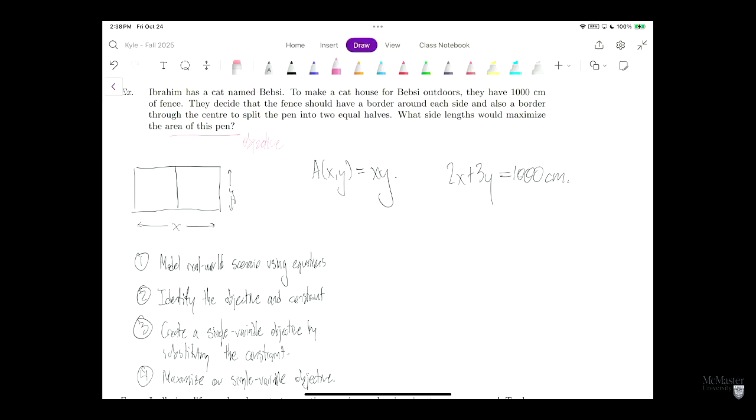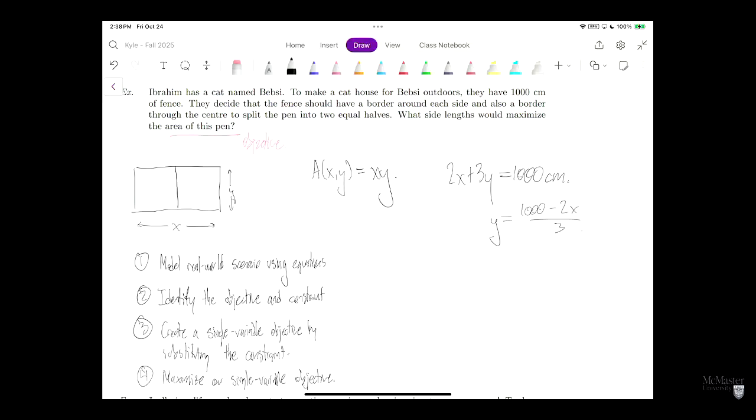For now, we need to turn our multivariable function into a single variable function. How do we do that? We substitute our constraint. So we're going to let y equal (1,000 minus 2x) over 3. Now we've written one of our variables in terms of the other.